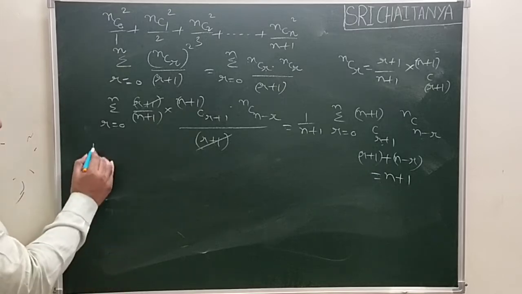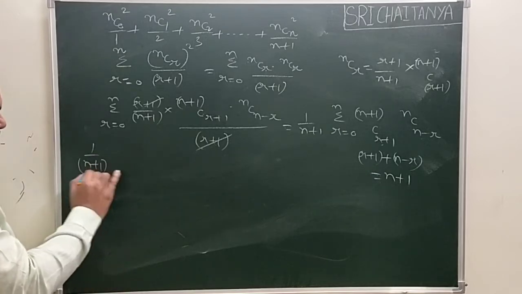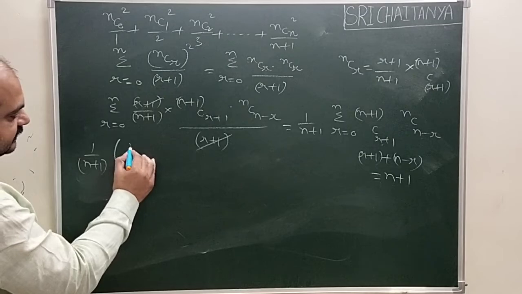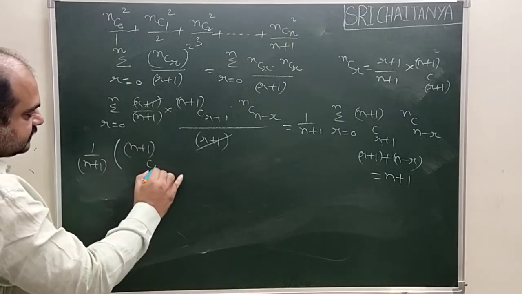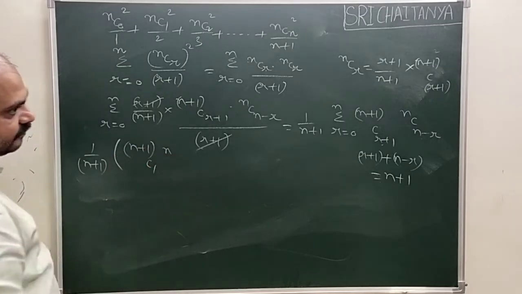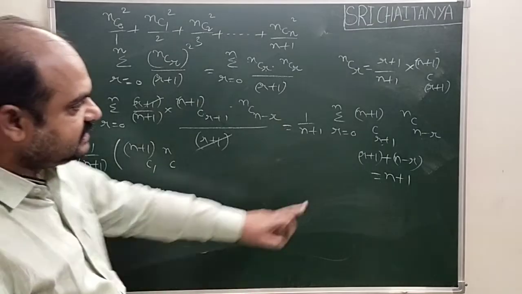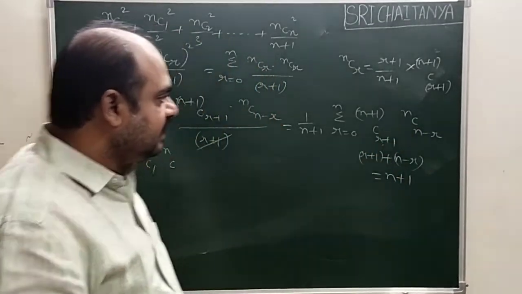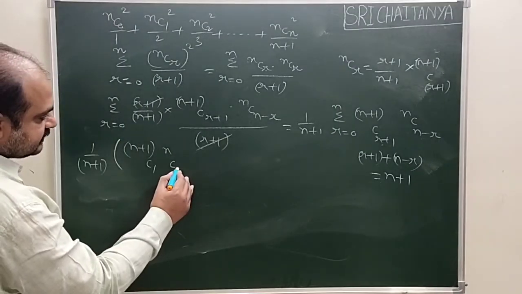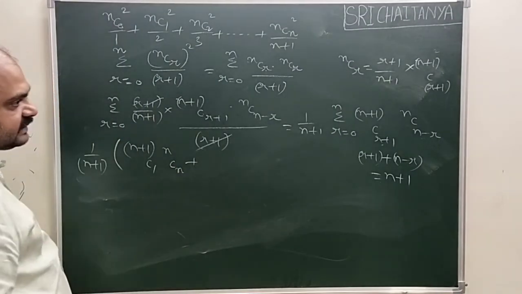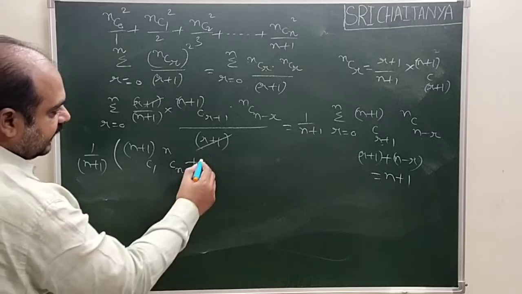Therefore, if you expand this, you will get an idea. If you expand this, r equal to 0 gives n plus 1 c1 into ncn, so this is 1, n plus 1 times 1.